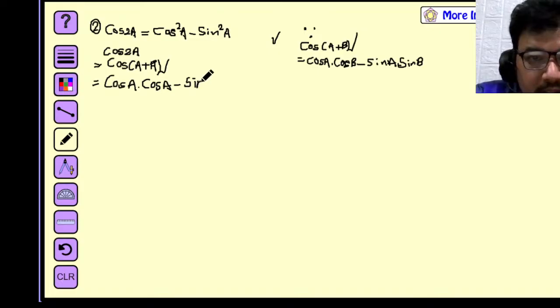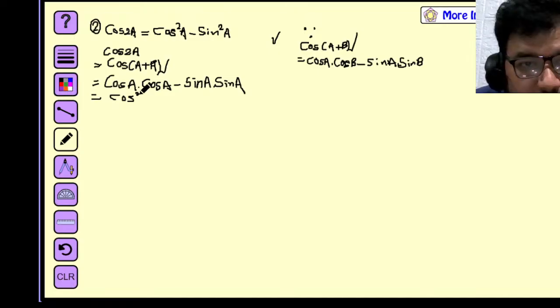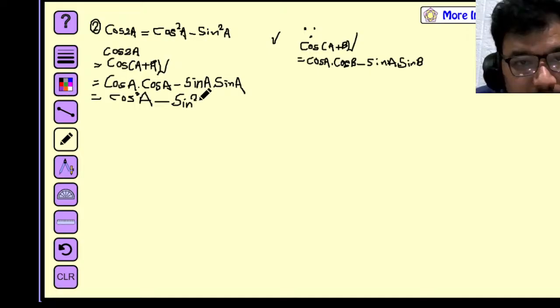Here will be also sine A into sine A, because there is B also A. Now when we multiply this cos A and cos A, here will come cos square A, minus here will be sine square A.